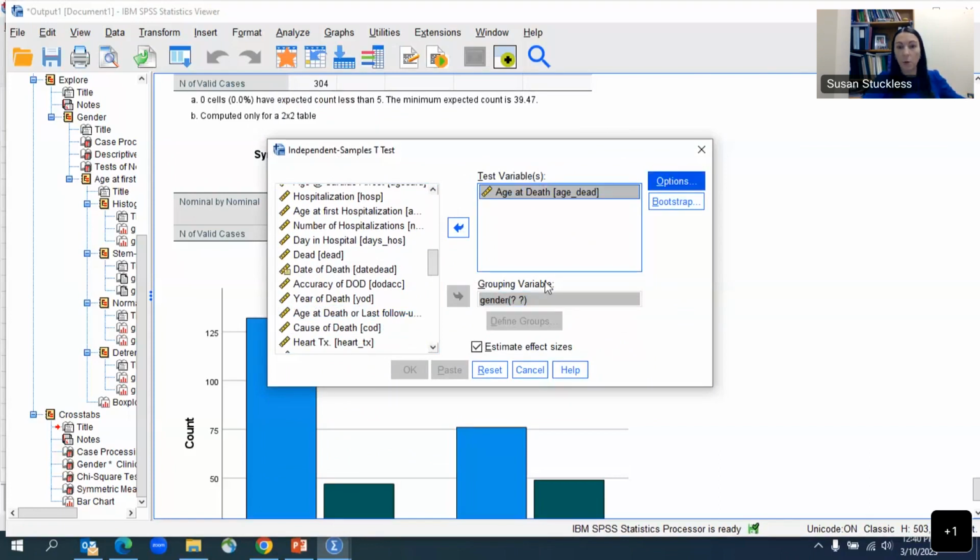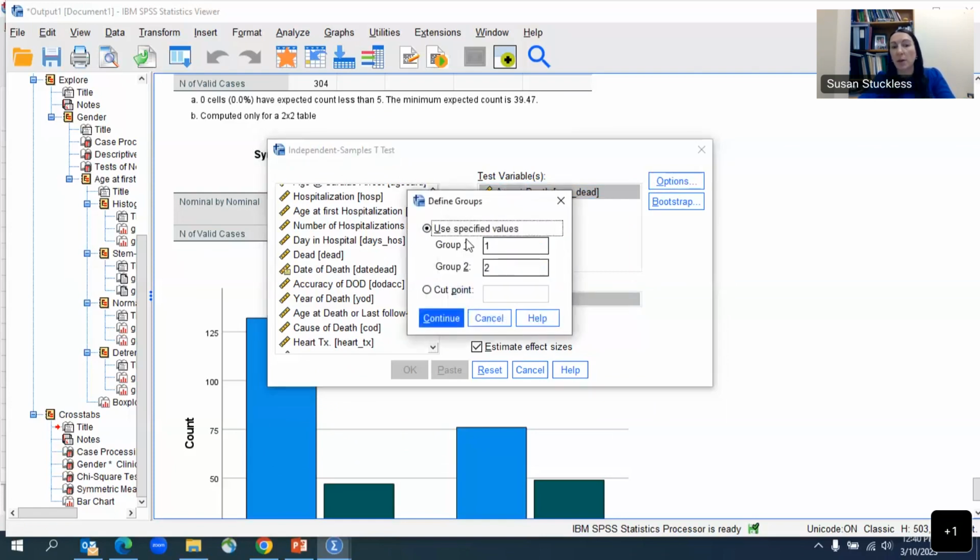When you're doing the grouping variable, it wants you to define the groups that are in there. So maybe gender had more than 2 categories, but I was only looking at males and females, or whatever your grouping variable might be, because within a t-test, you're only looking at 2 groups.